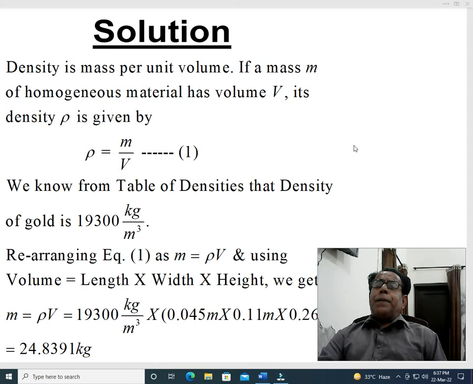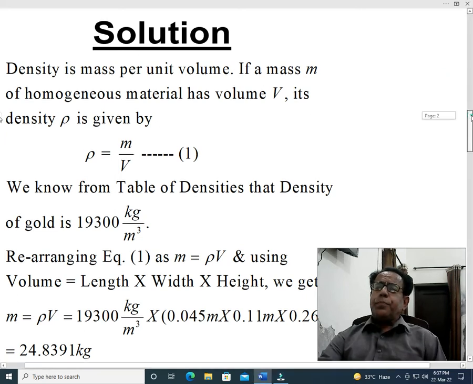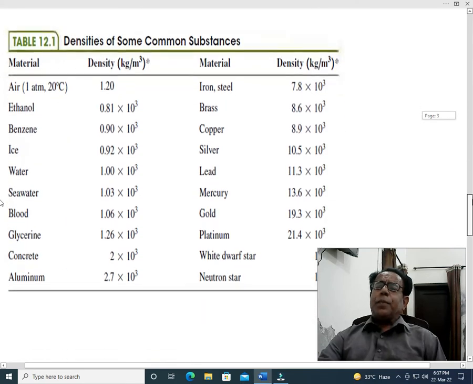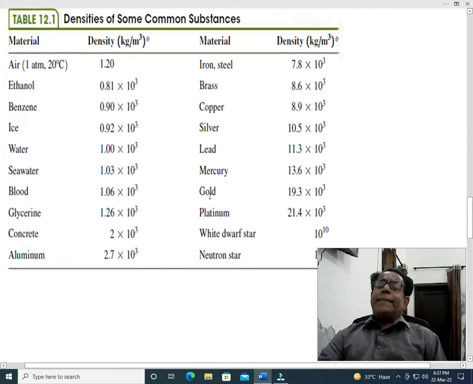We know from the table of densities that the density of gold is 19,300 kilogram per meter cube. We show that table. This is the table of densities. So here at the second column and row number 7, the density of gold is given as 19.3 into 10 raised to the power 3 kilogram per meter cube.